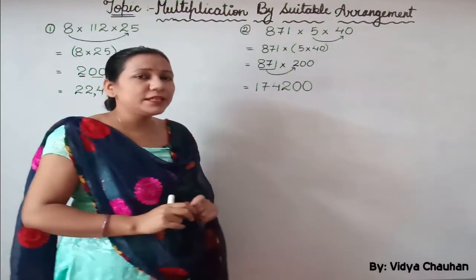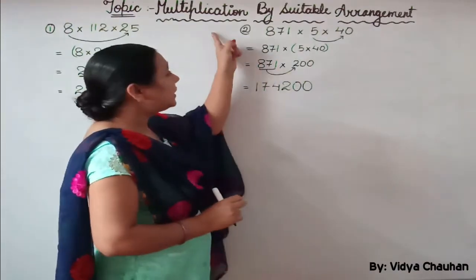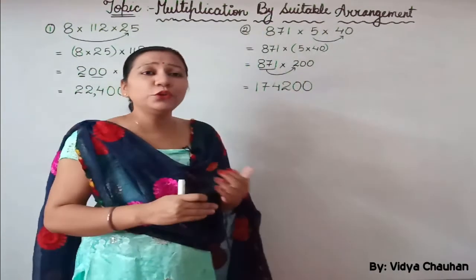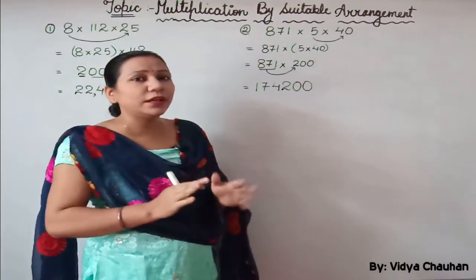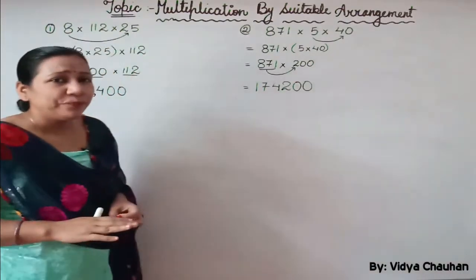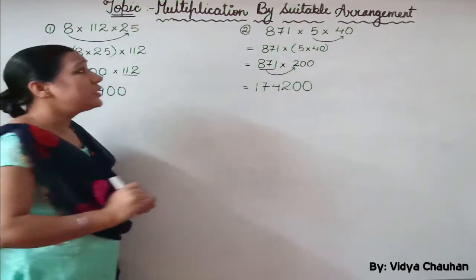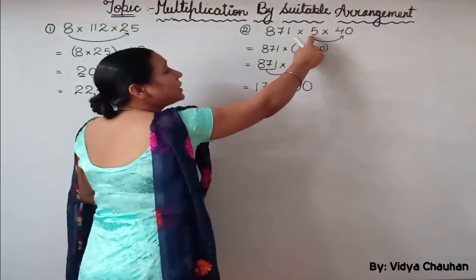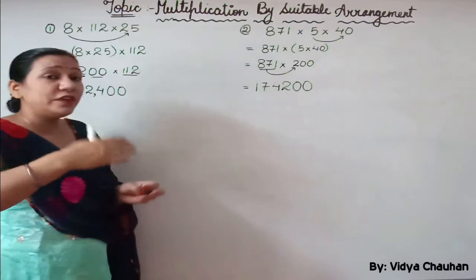But yes, one more thing which is very important. This method of suitable arrangement you can use only in those questions where a particular order is given to you. And a small hint: suitable arrangement is always done with numbers like 5, or numbers which give you 0.